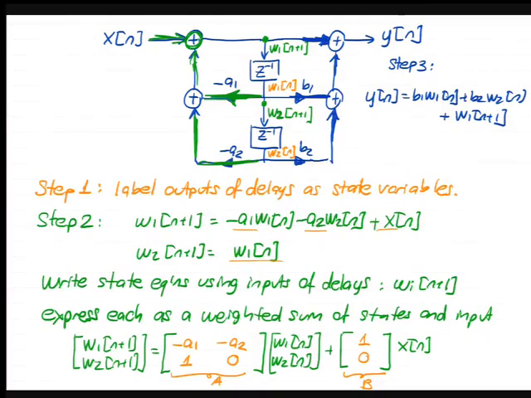So I will have to substitute this here so I can eliminate w1 of n plus 1 and be able to write everything in terms of states and input at n, not n plus 1. All right, but that's not so hard.